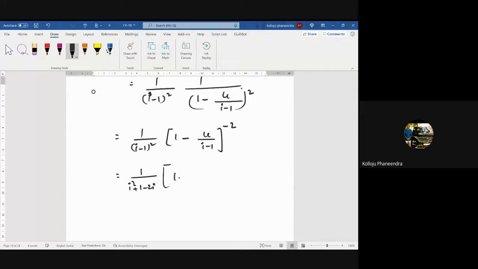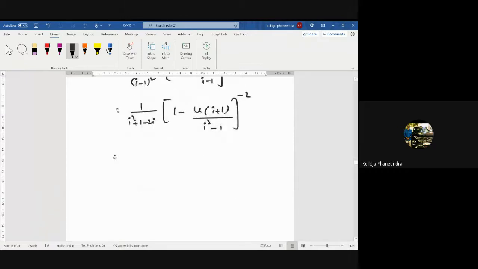1 minus u into, I will rationalize this. This is (i square minus 1) whole to the power of minus 2. That is equal to 1 by, this is just minus 2i. 1 minus, this is minus 1, minus 1, minus 2, that is plus. What I am getting, a 2 will be there.